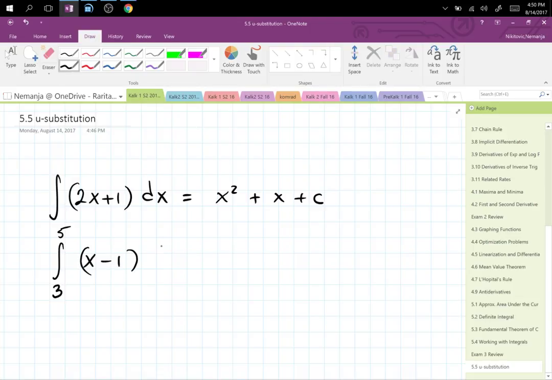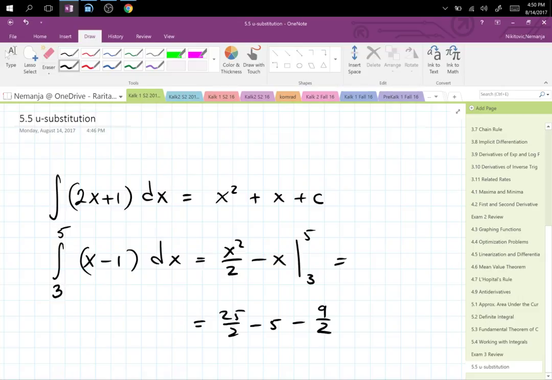Easy to compute. It's going to be x squared over 2 minus x computed from 3 to 5, which gives you 25 halves minus 5 minus 9 halves plus 3. So 25 minus 9 is 16, divided by 2 is 8, minus 2, so 6.